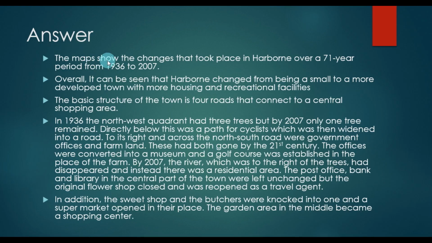The map shows the changes that took place in Harborne over a 71-year period from 1936 to 2007. This is the paraphrase of the question. In the overview: overall it can be seen that Harborne changed from being a small to a more developed town with more housing and recreational facilities.